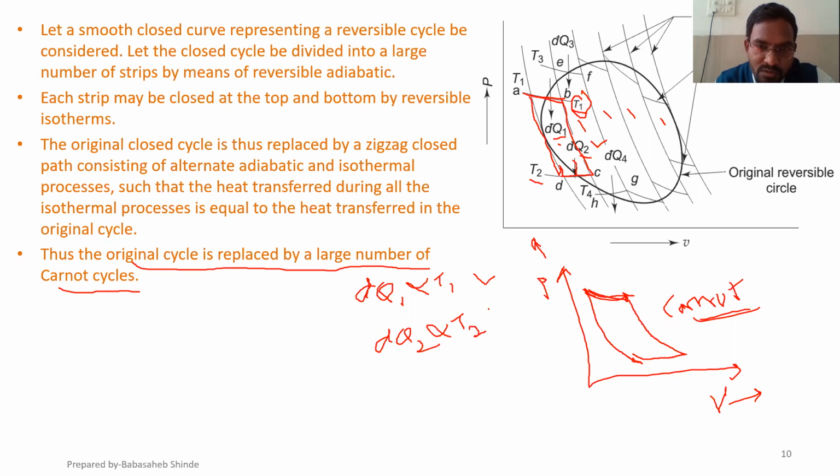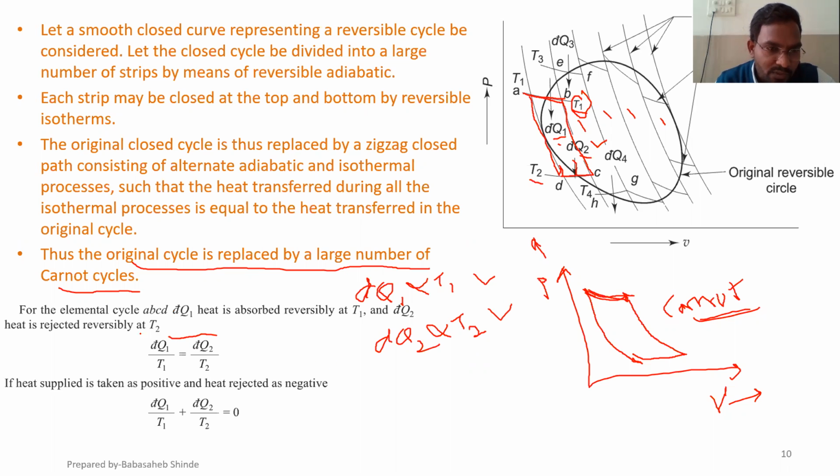So based on those two relations, I can write dQ1 by dQ2 is equal to T1 by T2.